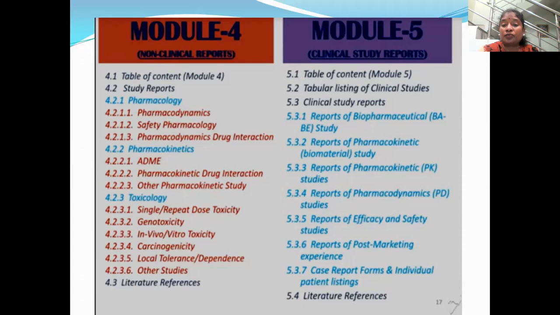Okay, so the reports of the pharmacokinetic studies: how are you measuring pharmacokinetics? By plasma concentration, plasma level studies, and the urinary excretion studies we are conducting. These studies you have to submit, and reports of the pharmacodynamic studies. Pharmacodynamics means acute therapeutic studies, meaning how the drug reacts on the patients, for example by ECG, pupil dilatation and BP apparatus.